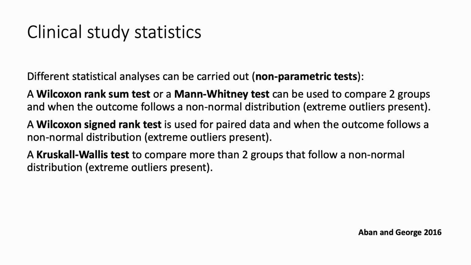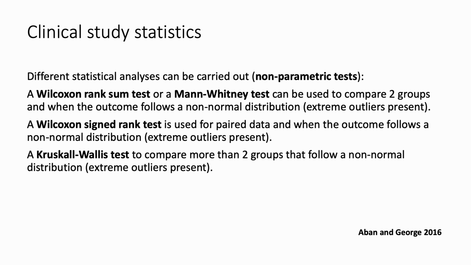So here we talk about extreme outliers that are present. So if you have a non-normal distribution and you have a skewed distribution and you would like to compare two groups in your clinical trial, one group exposed to placebo and the same group being exposed to the drug after a week, you have to use a test like Wilcoxon rank sum test or Mann-Whitney test. These are non-parametric tests for non-normal distributions.